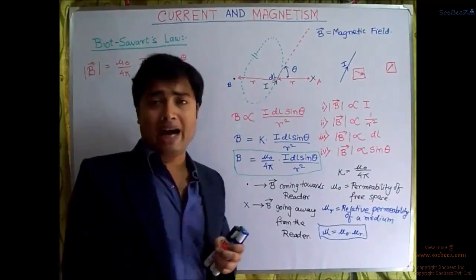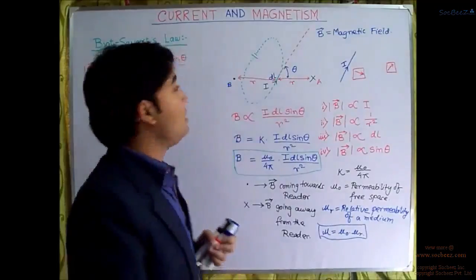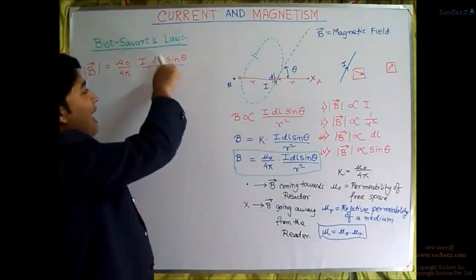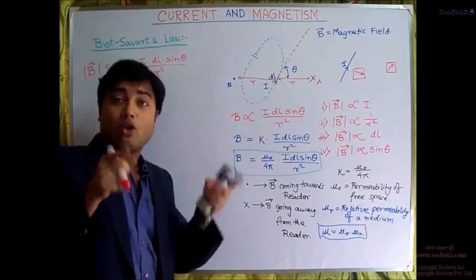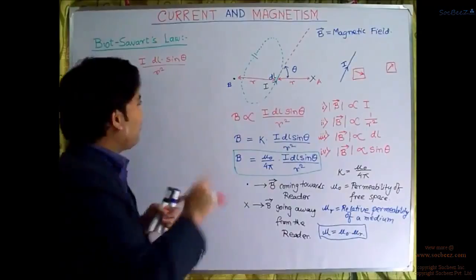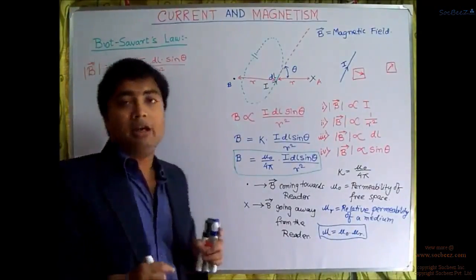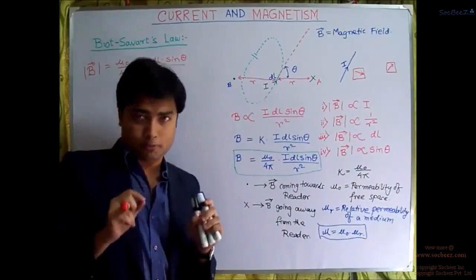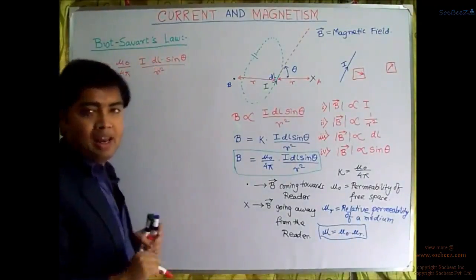Now, if we go back to the concepts of vectors, we know that if something is written, for example, I dl sine theta, this means it is a cross product, because for a dot product cos theta would have come. But if it is sine theta, it means there is a cross product. So will there be a cross product of I and dl?